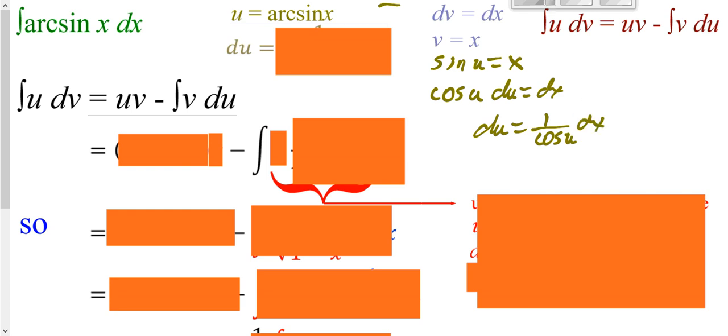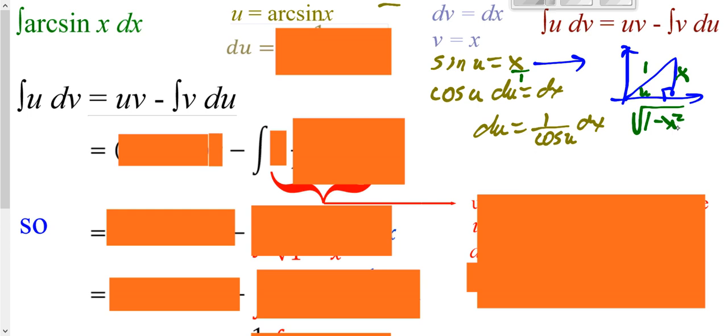Then all you'd have to do is go from here, draw yourself a triangle, knowing that this is angle u, this is opposite of x over your hypotenuse. Then you get your adjacent side using your Pythagorean theorem. And then you're asked to do 1 over the cosine.